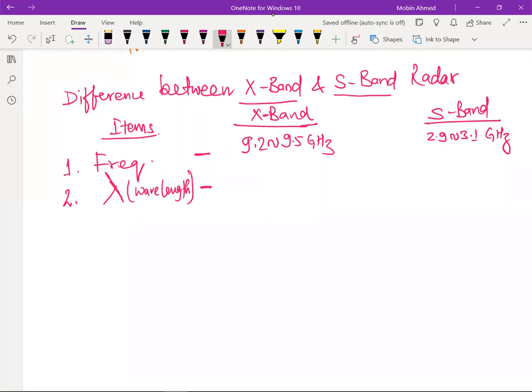This is about 3 centimeter, and here this is about 10 centimeter. Now if your frequency is less, your lambda is going to be more. If frequency is high, your lambda is going to be small. Wavelength is the length of the wave in space.